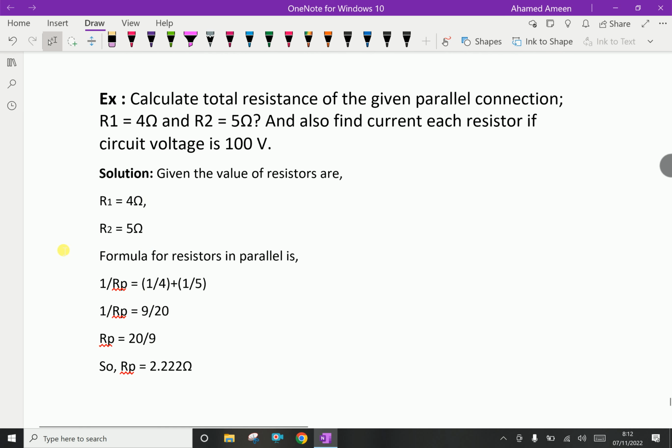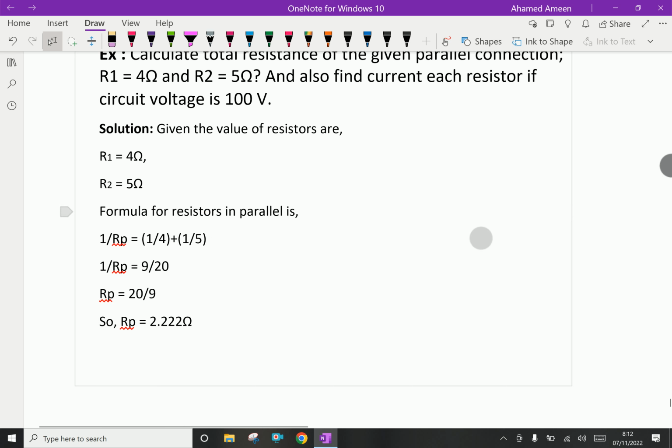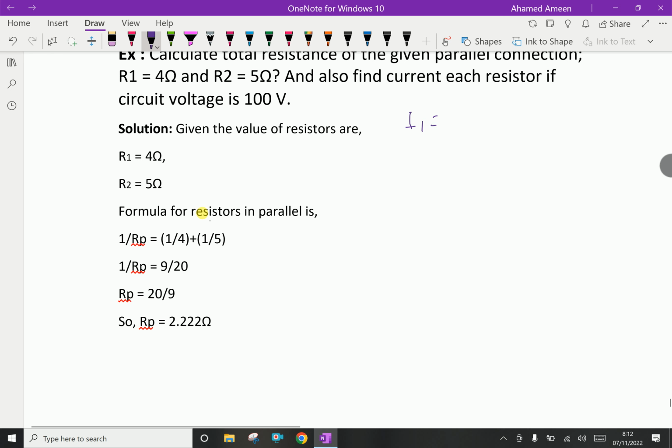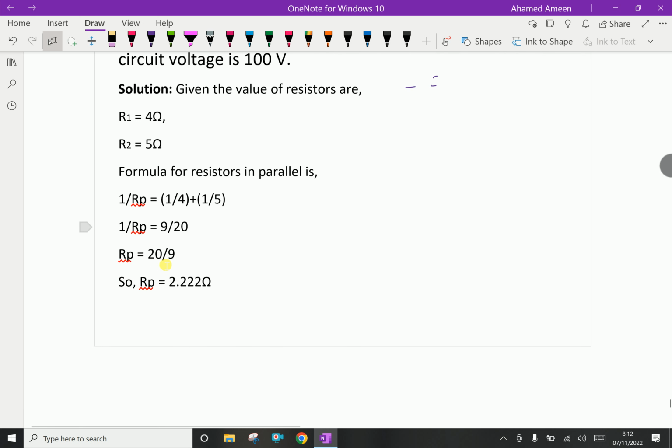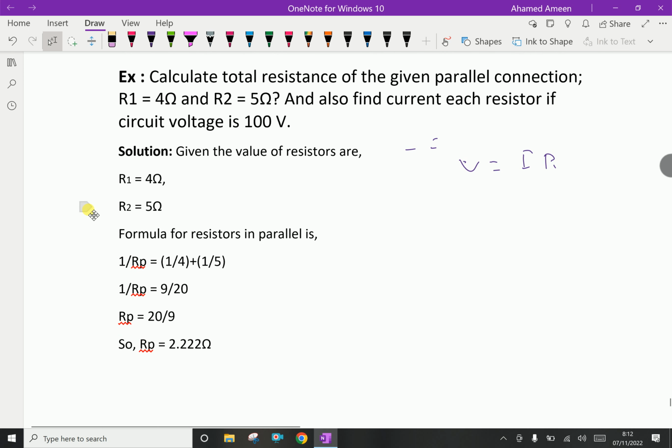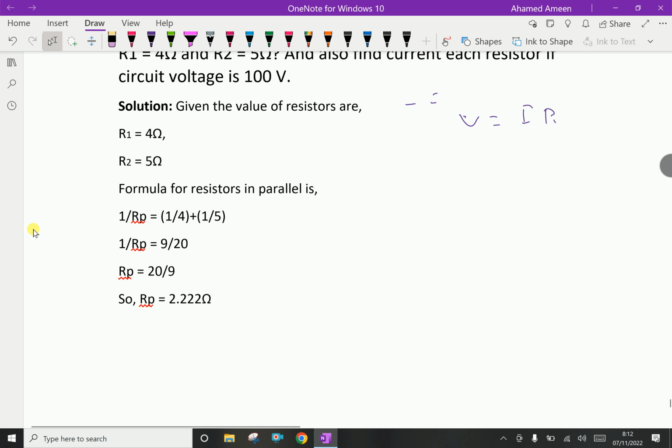Then we can find the current of each resistor using Ohm's law. I1 equals V1 over R1.